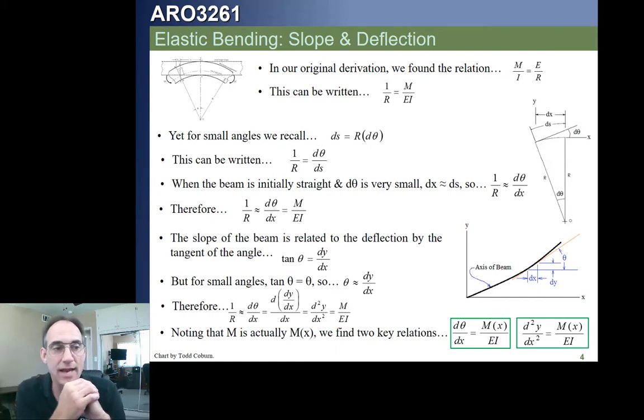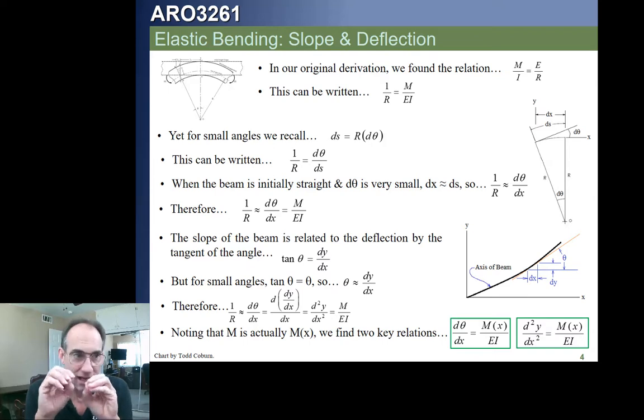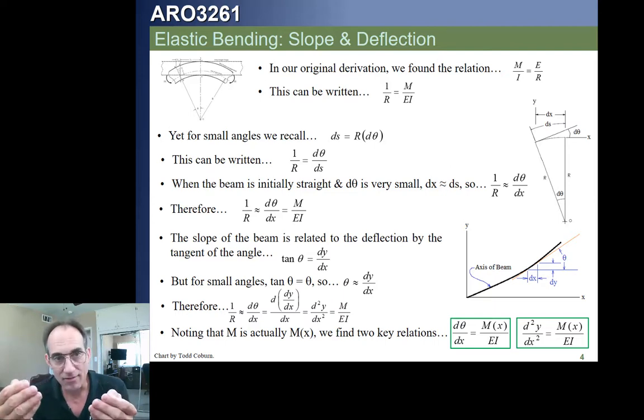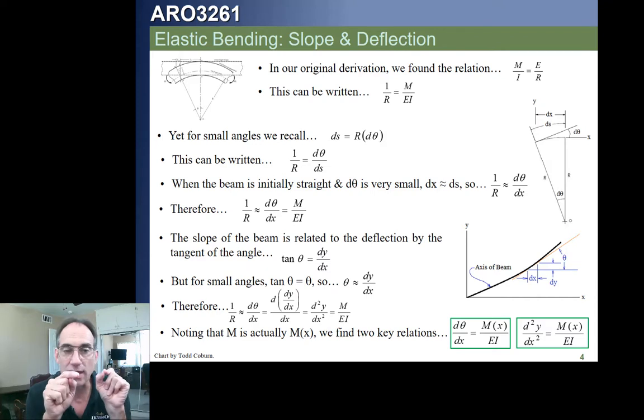And in the same way, we find that the change in the slope, or the second derivative of the deflection, is equal to M of x over EI. Now these two relations are going to be critical. We're mostly not going to be taking the derivative of the slope equation or the second derivative of the deflection.